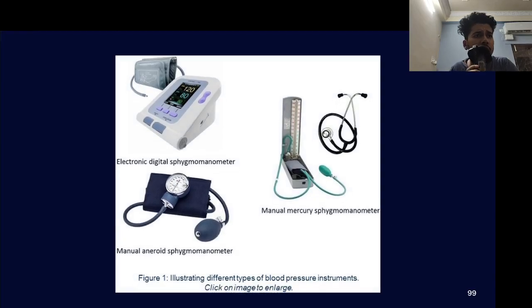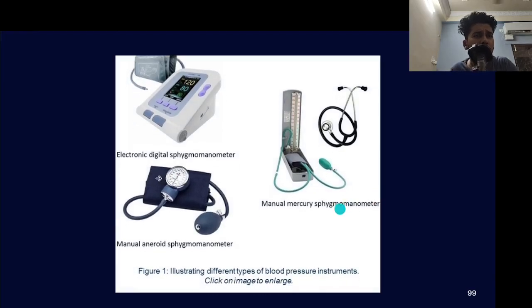These days we have other types of blood pressure measuring instruments, like the electronic digital one, a manual mercury one, and an aneroid one.